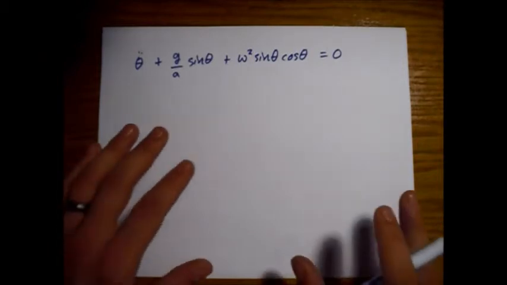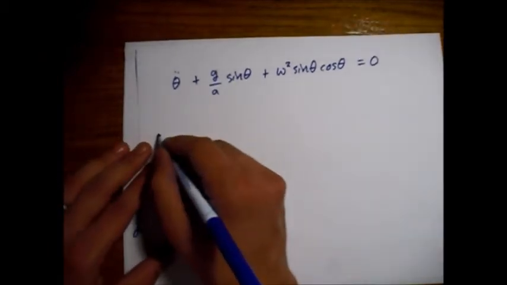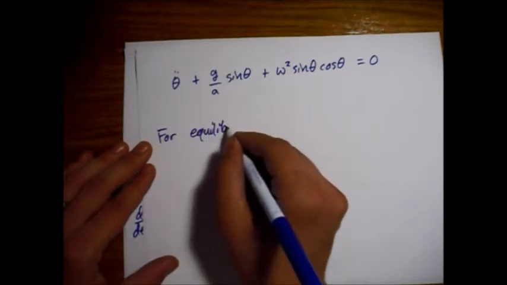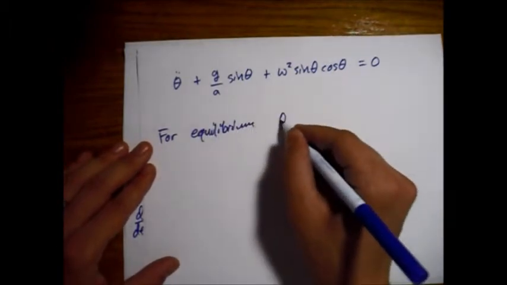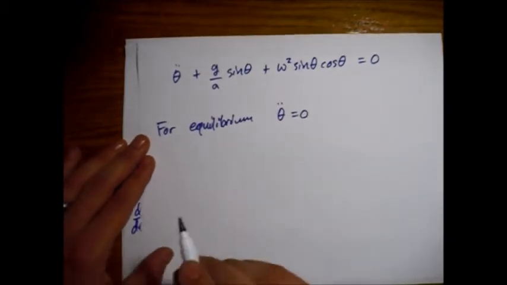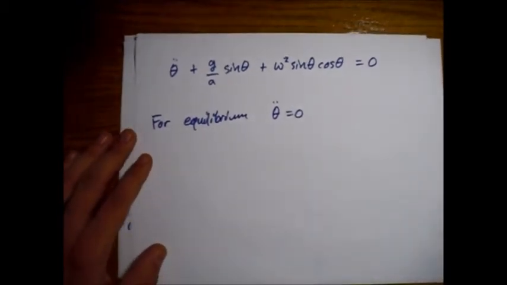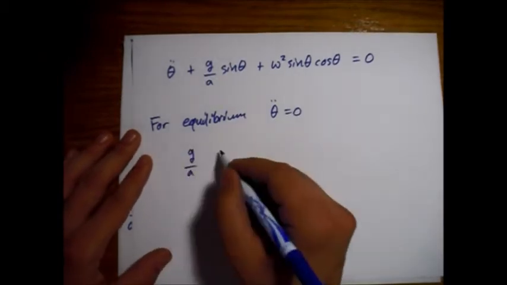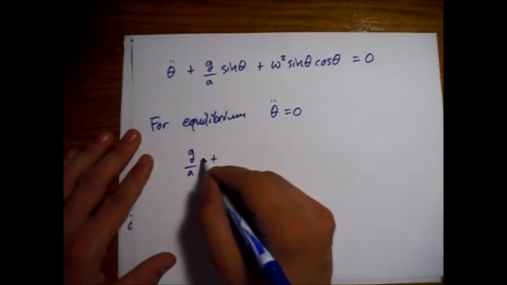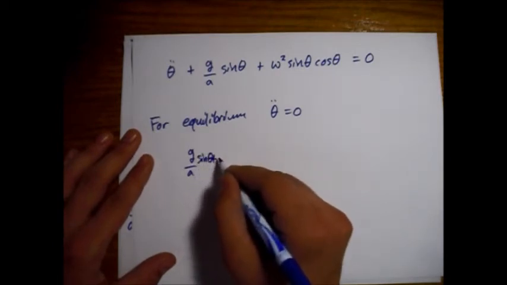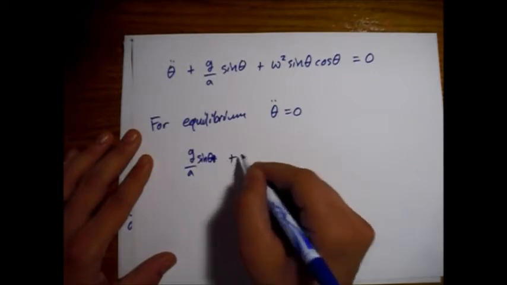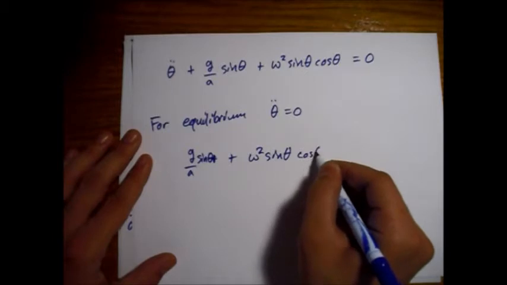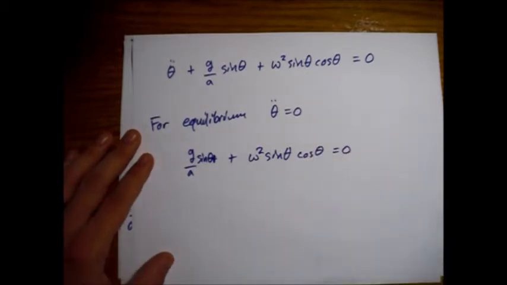All right. So now let's look at the equilibrium positions. For equilibrium, theta double dot will equal 0. So this tells us that g over a sine of theta plus omega squared sine of theta cosine of theta is equal to 0.